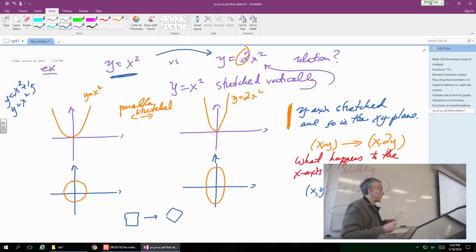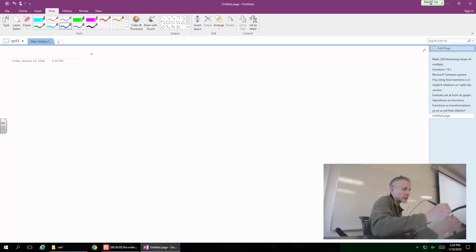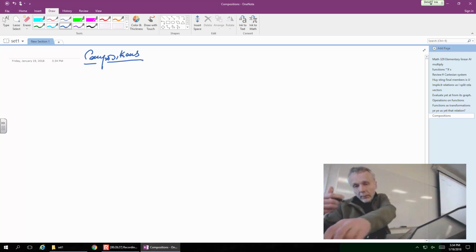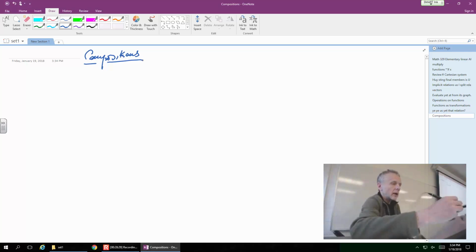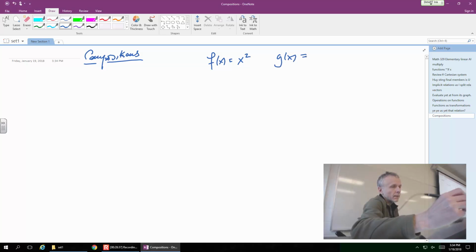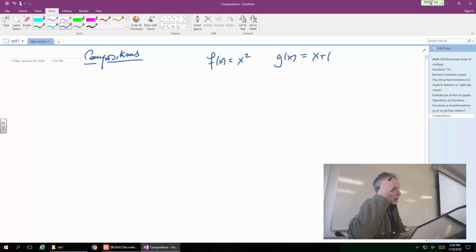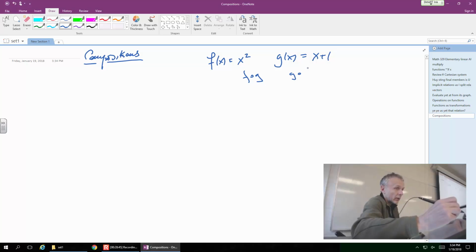So the example that I like to present about compositions again is, unfortunately, you might have noticed or not, in the problem set, this is what you sometimes see. Something like this, and then you're supposed to compute the composition, either one or the other.